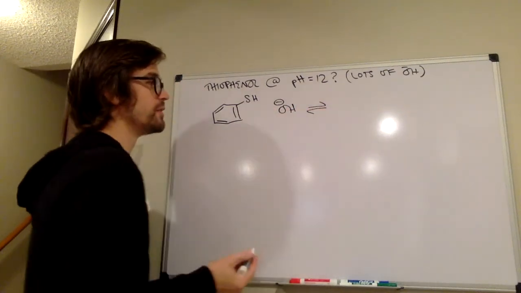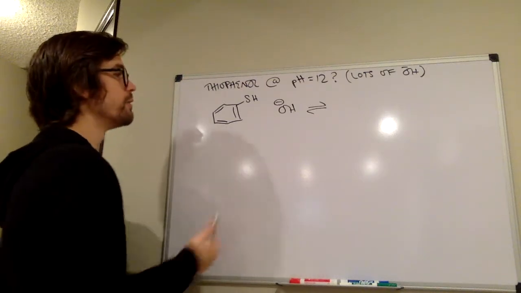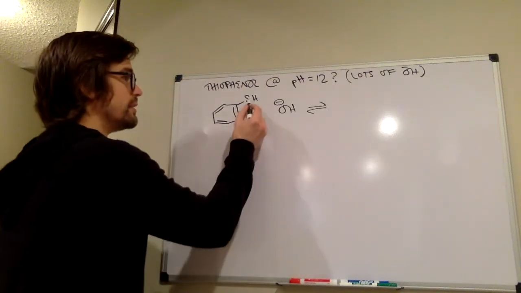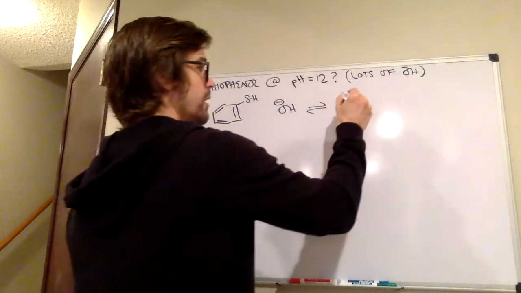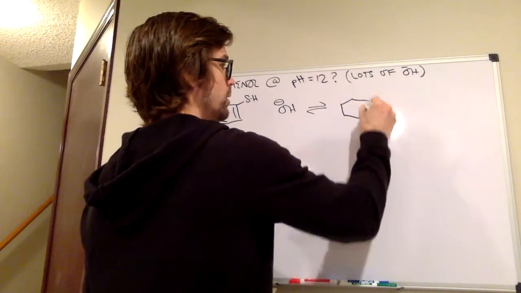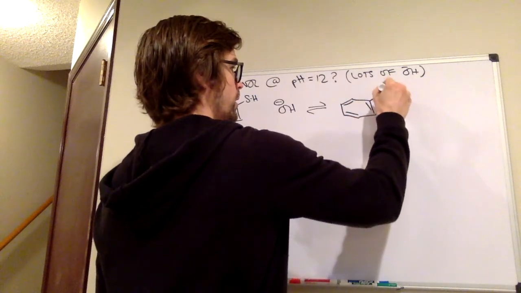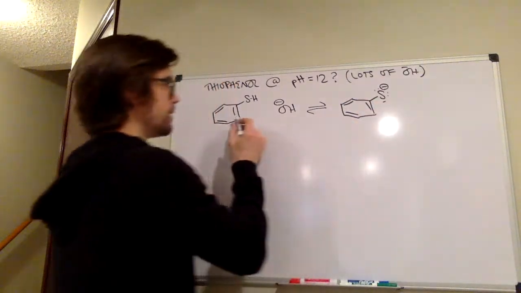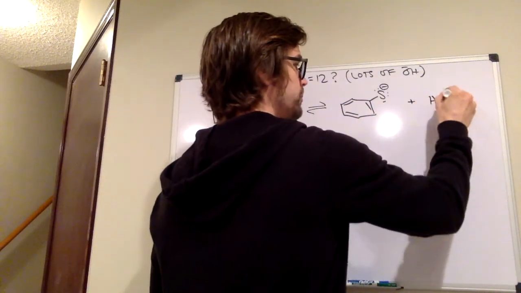So it's going to pull off the most acidic proton from thiophenol, which is this H right here. If it did that, it would get us to the conjugate base of thiophenol plus H2O.